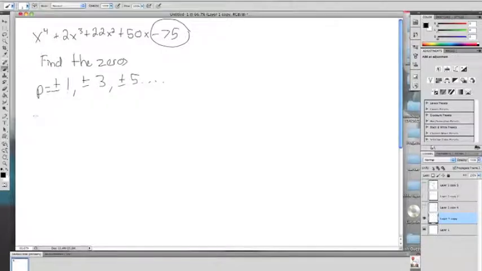And q, the factors of the leading coefficient, which would be just plus or minus 1. And we got all the possible zeros. You just basically keep checking these numbers until you get one that works, and we're using synthetic division.